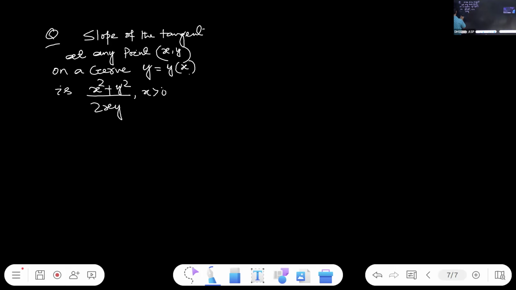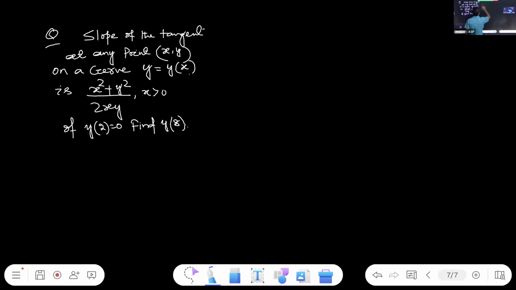If y of 2 is equal to 0, find y of 8. This is the question.